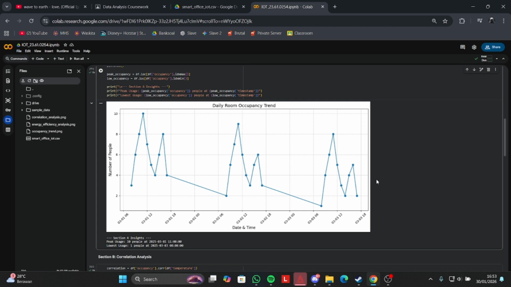Following this break, usage rises slightly in the late afternoon before tapering off as the workday ends at 5 p.m. This predictable fluctuation provides a strong baseline for optimizing building resources.